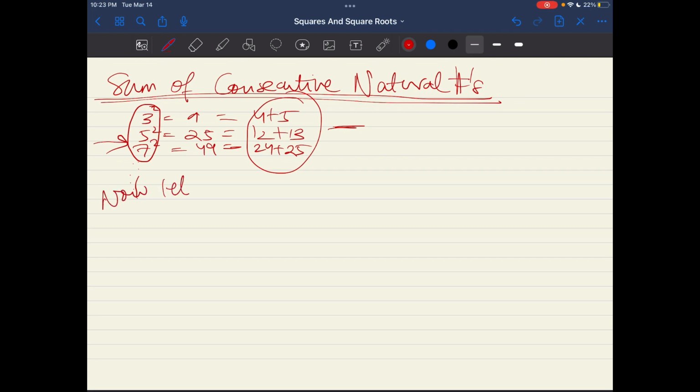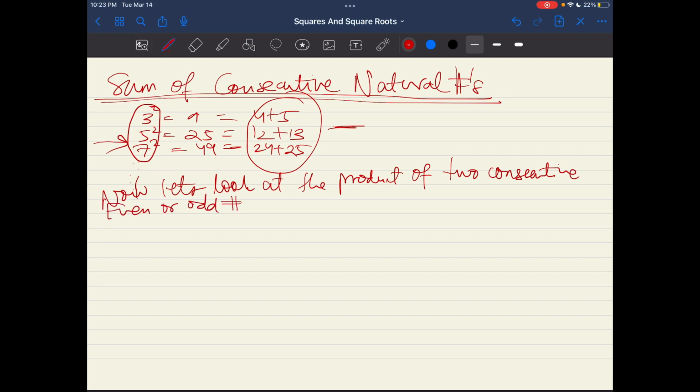Now, let's look at the product of two consecutive even or odd numbers. I'm talking natural numbers here, right?